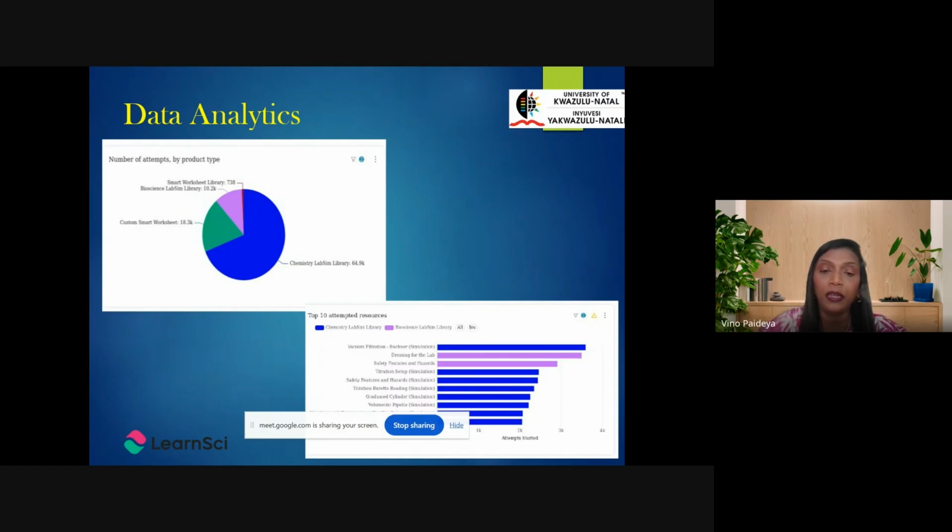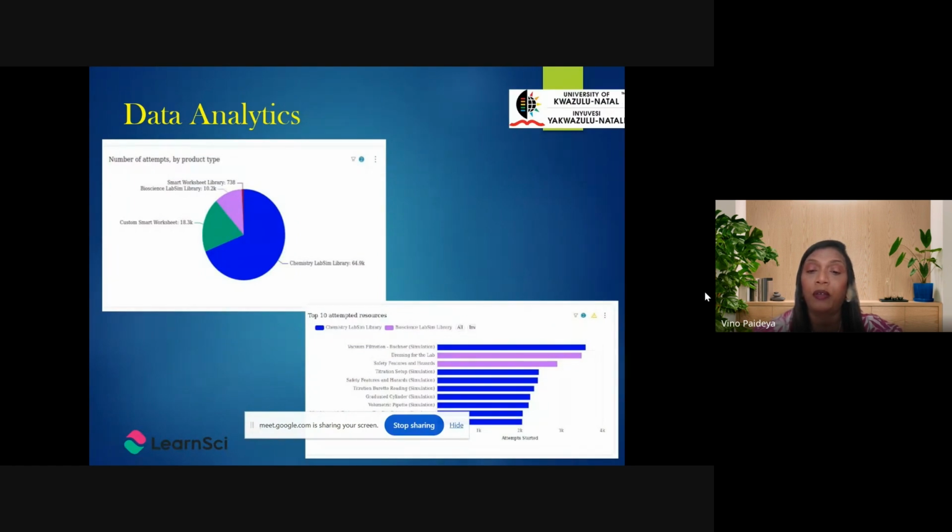Okay, and then here in the other analytics, we see which of these lab sims are being used to a greater extent, and we can see vacuum filtration is used a lot in organic chemistry in semester 2, which is where I've taken this data from.